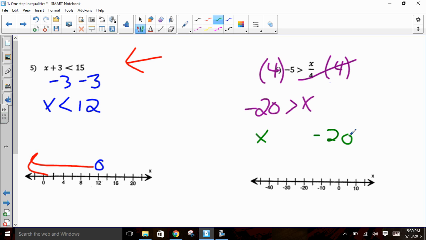I know that because I have the greater than sign. My bigger part is facing the -20. So when I rewrite it, the bigger part needs to face my -20 again. So I have x is less than -20. So I'm going to put an open circle above -20 because it does not include it. Here's my sign. Let's turn it into an arrow. Shade to the left.